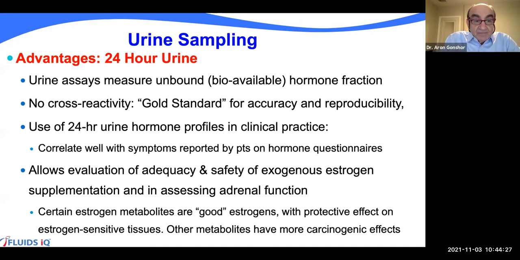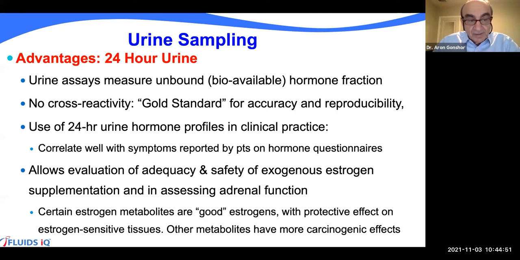Number one, just like with saliva, they can measure the unbound. That's the bioavailable hormone fraction. And there's very little cross-reactivity. It's really the gold standard when you look at what is accurate and reproducible. And that is normally done with GCMS, with gas chromatography and mass spec.